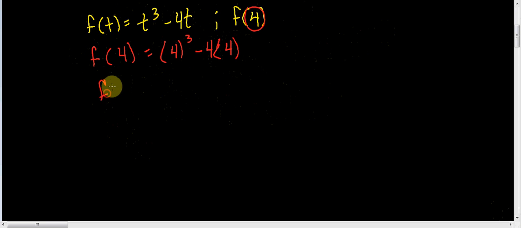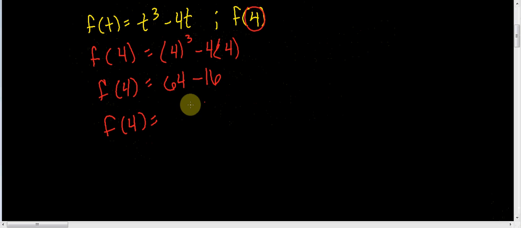So f of 4 is equal to, I follow the order of operations, 4 cubed is 64 minus 16, and therefore f of 4 is equal to 48. And I've just evaluated my function at the spot 4, or at the x value of 4. Let's go ahead and do another one here.